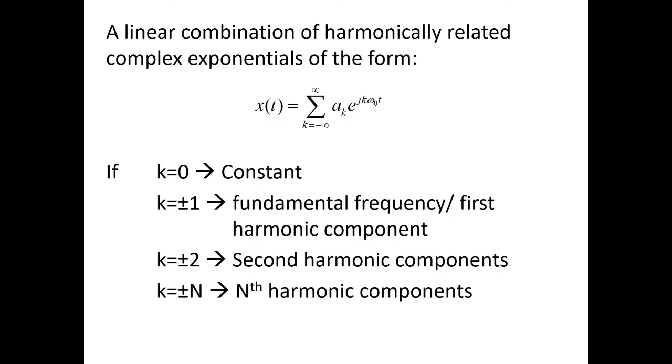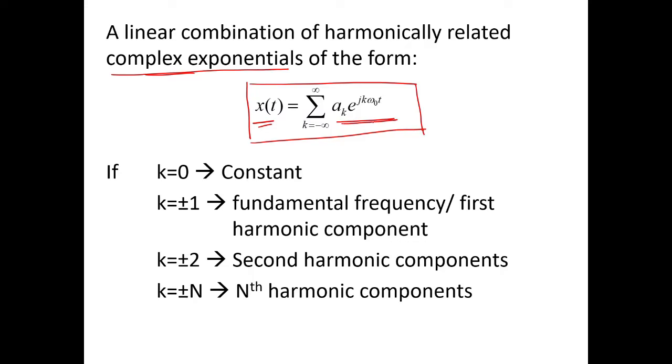So what does the Fourier series say? This equation over here represents the Fourier series. So what is it? It says a signal x of t is a linear combination of complex exponential signals which are given over here.